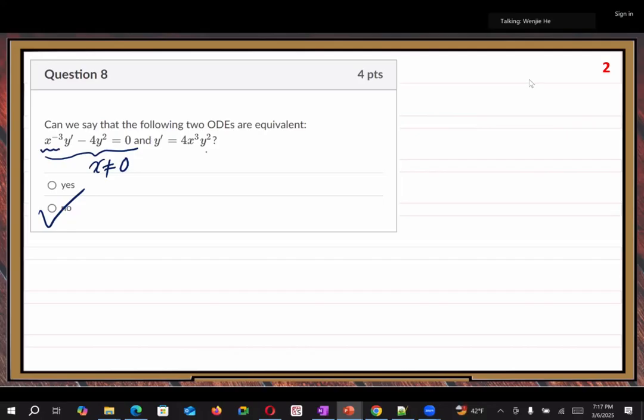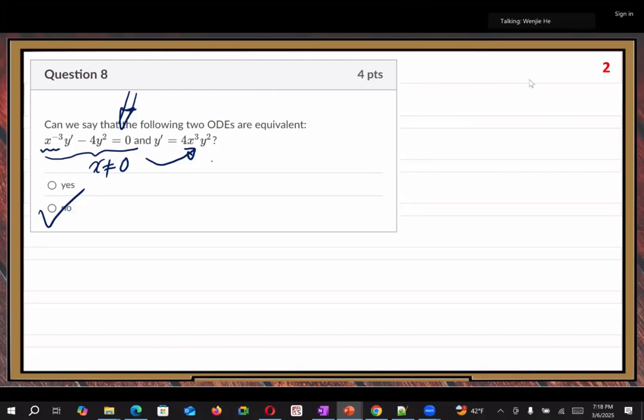Based on this property, these two equations are not equivalent. But when you solve the first equation, you can convert it to the second to solve. But after you find a solution, then you need to check.